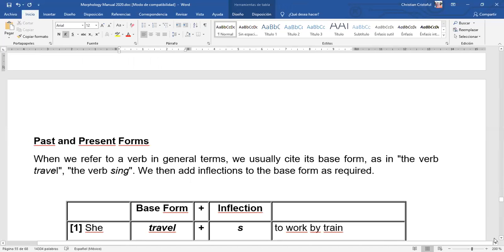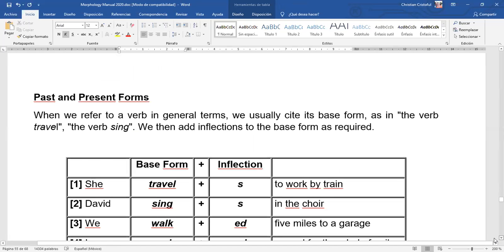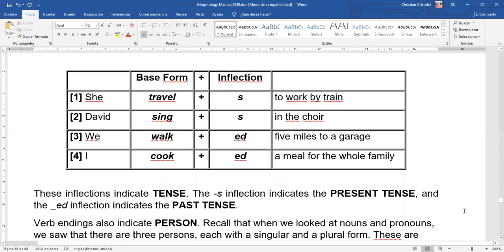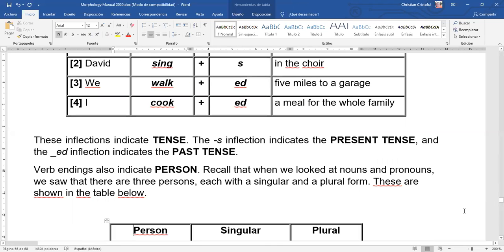Then we have present and past forms. Here we have the base form, travel, sing, walk, and cook, and we have the inflection. The first two show present tense, and the last two past tense. And that's it. So in English, unlike Spanish, and if you have seen the video that I posted before, Spanish has so many irregularities. English is like paradise if you compare English to Spanish grammar.